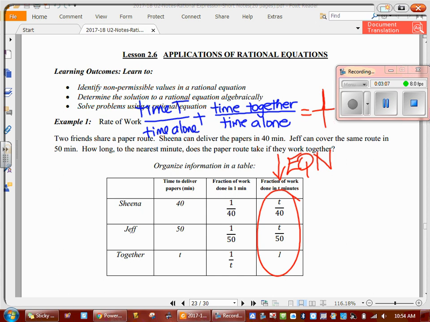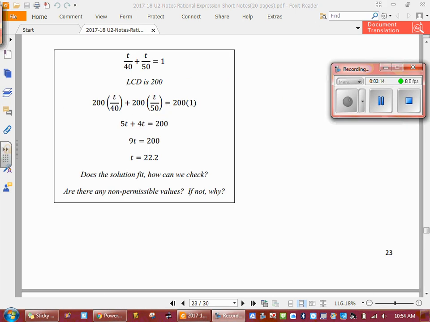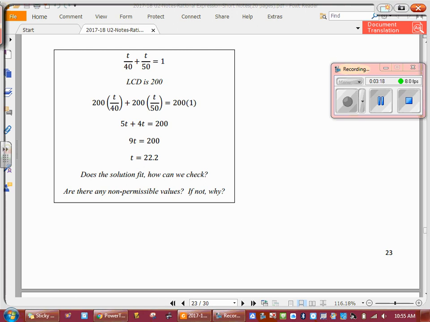So to solve this question, I'll just let you write that down. We can see how we've created the equation. We've got time together over time alone, time together over time alone. Each fraction is a person. So we've got Sheena doing the job, and then we've got Jeff doing the job. And then 1.0 on the right-hand side, that's the full job being completed.